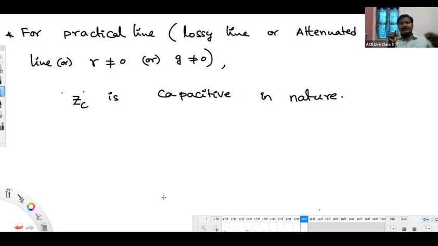What's the reason for this capacitive nature? Why is it coming out as capacitive?